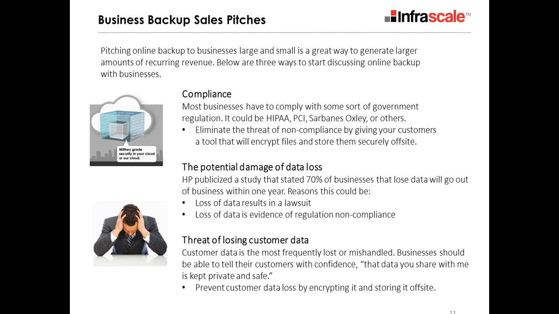One is going to be compliance. Most businesses do have to comply with some sort of government regulation. We already talked about HIPAA. It might be PCI or Sarbanes-Oxley. But you are able to eliminate the threat of noncompliance by giving your customers a tool that will encrypt files and store them securely off-site. And our double-blind encryption system, as you know, is used by the U.S. military and the like.